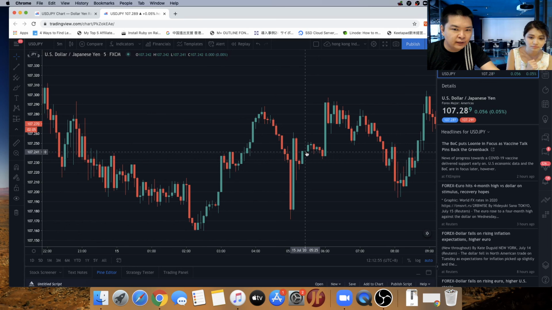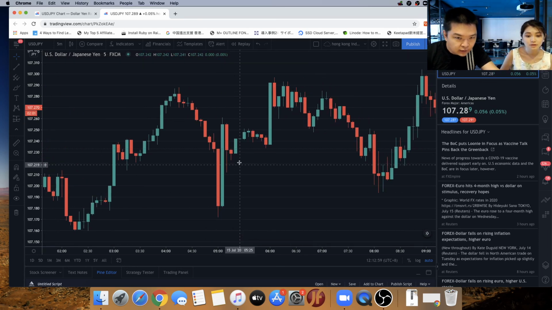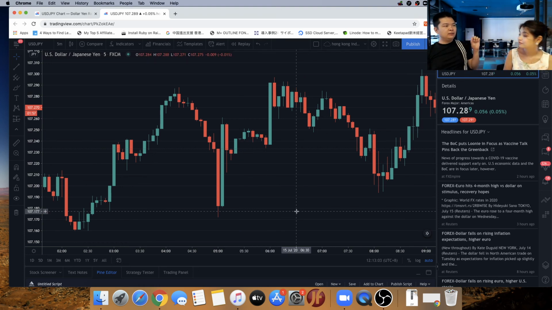Sometimes we have something like this. Here the body is so small because there was so much indecision between the bulls and the bears. The bulls and the bears didn't come to a common agreement, a common conclusion. That's why the price always stayed there. So there's no dominant side.